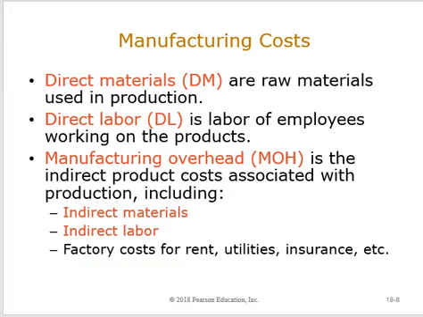Here's the next slide. So take good notes on this. Product costs will either be direct materials, direct labor, or manufacturing overhead. Direct materials are just that. They're raw materials that are used in production. They directly touch the product.